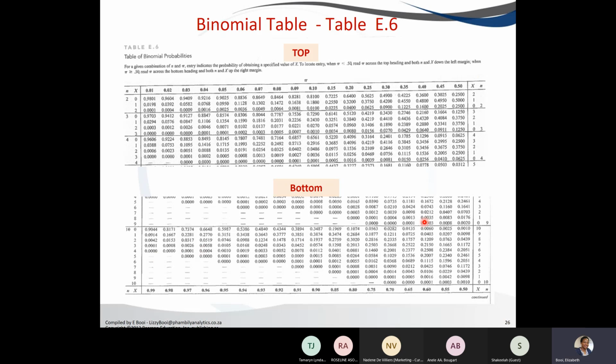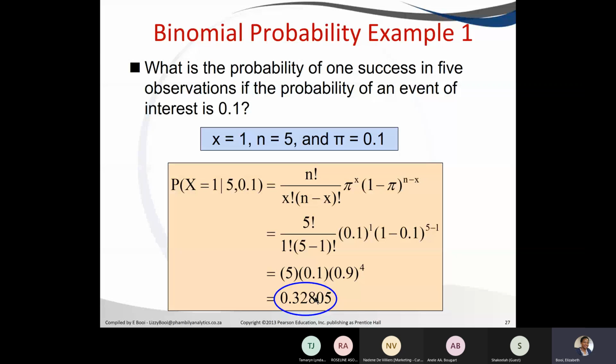So let's look at how we calculate the probabilities. Let's say 1 in 5 observations, if the probability of an event of interest is 0.1. So we know that our x is 1, our n is 5, and the probability of success is 0.1. Finding the probability of x equals 1 is easy with the formula because you are only calculating for the one thing. So we substitute the values into the formula. n is 5.